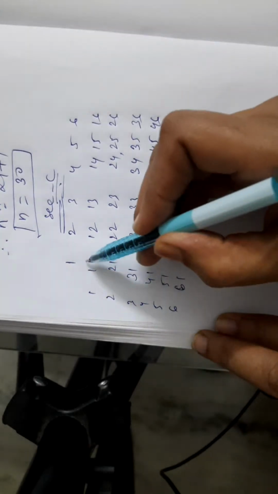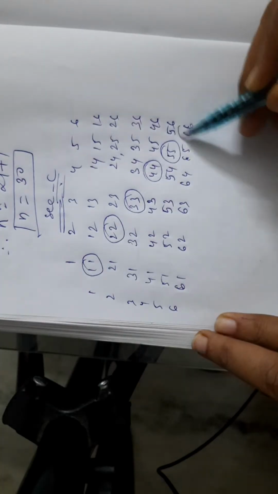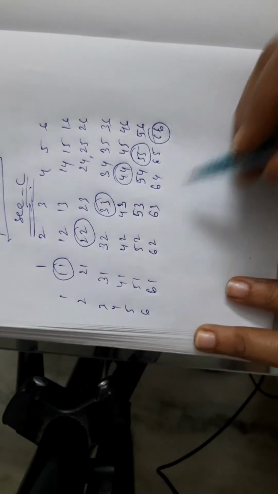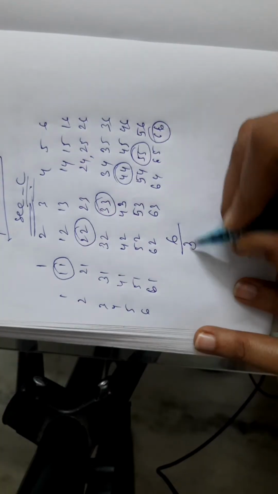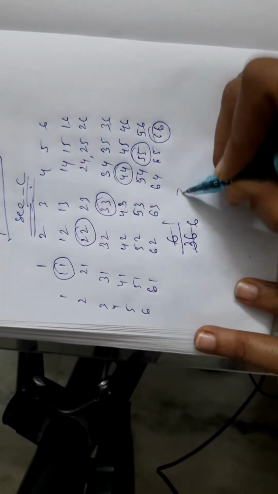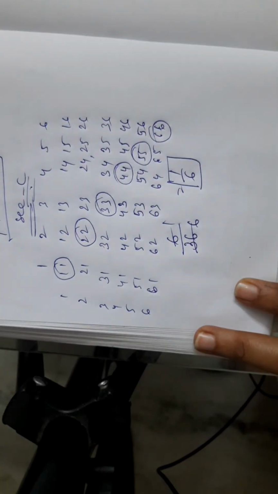So we are getting equal numbers 1, 2, 3, 4, 5, 6. Number of events are 36. 6 upon 36. Getting same numbers on both, 1 by 6.